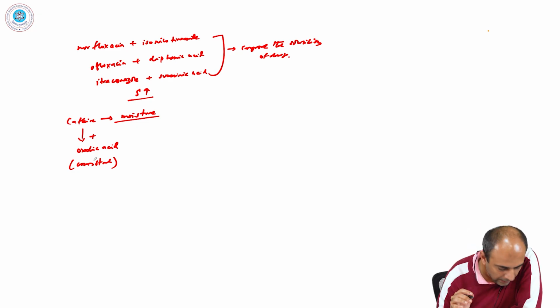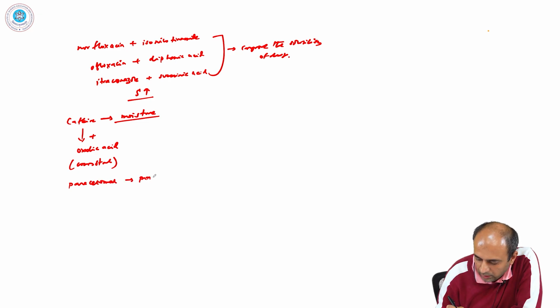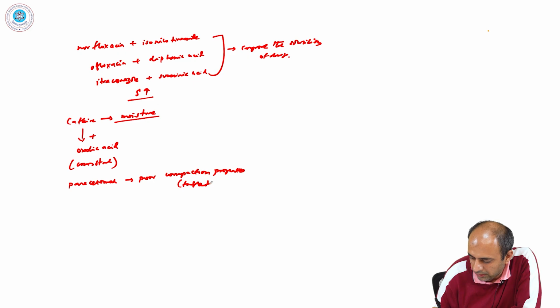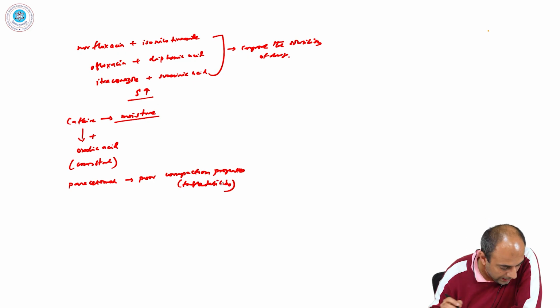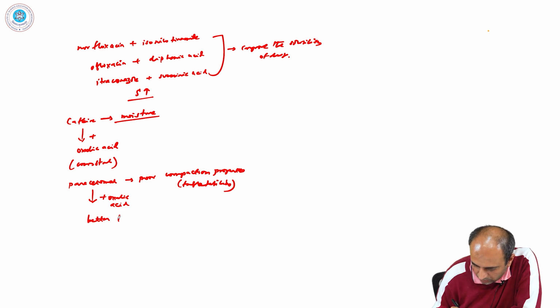So, this co-crystal which is obtained is now having a better shelf life, and it is sufficiently stable for several weeks. Similarly, we have a very common drug called paracetamol, which has got poor compaction properties, which we call tabletability, and we now make a co-crystal of paracetamol with oxalic acid, and this co-crystal has got better tabletability.